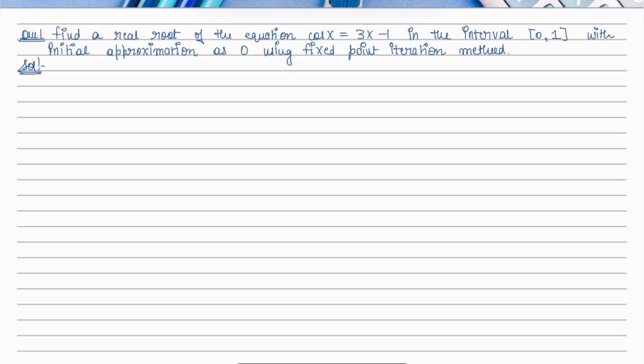So here we are given that f of x is equals to cos x minus 3x plus 1 equals to 0, and the value of a is given as 0 and the value of b is given as 1, and the initial approximation is given as 0.